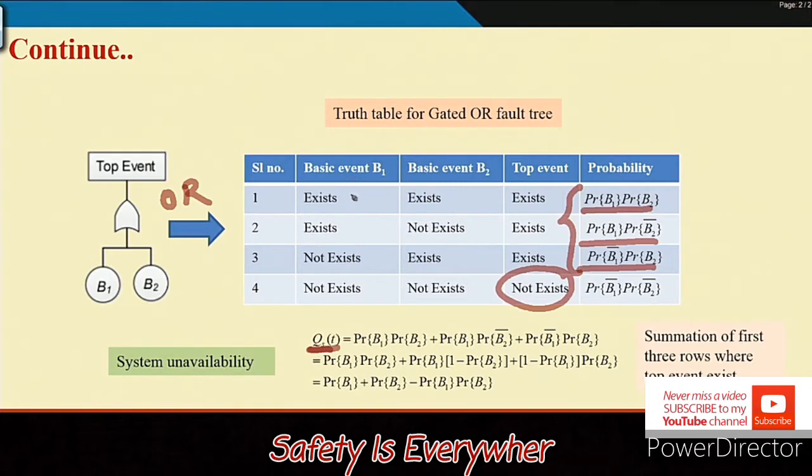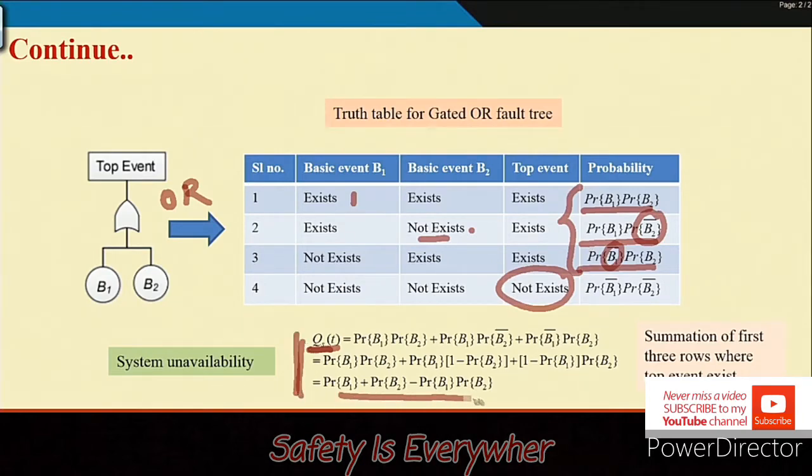If B1 exists, the probability is probability of B1; if B2 exists, probability of B2; if B1 does not exist, it is B1 bar, which is nothing but 1 minus B1. So, that combination ultimately leads to this probability.